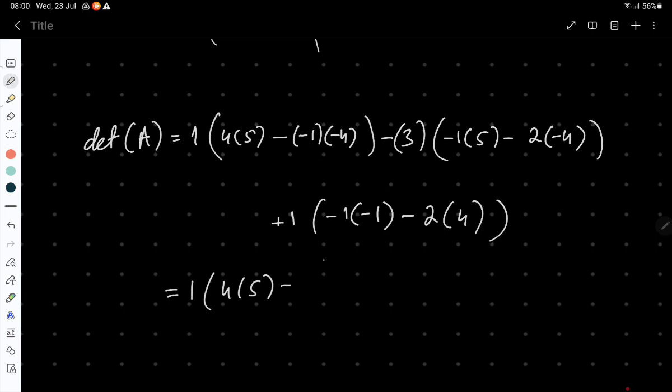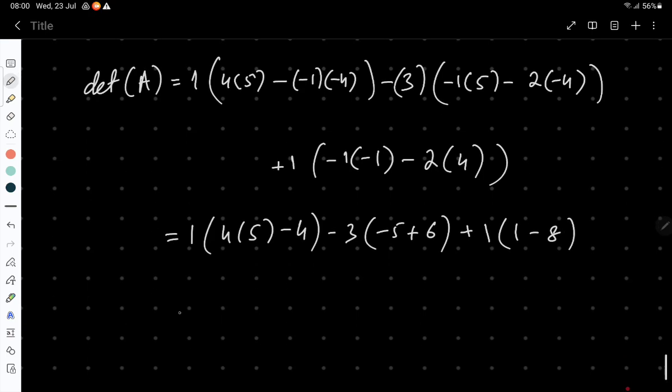4 times 5 minus 4, minus 3 times minus 5 plus 8, plus 1 times 1 minus 8. 4 times 5 is 20, 20 minus 4 is 16, this is 16. Minus 3 times, what is this?